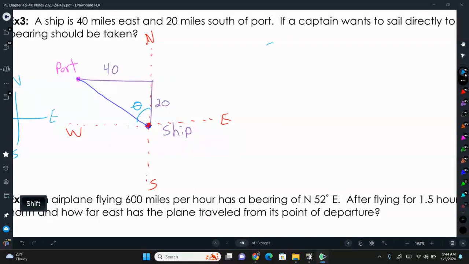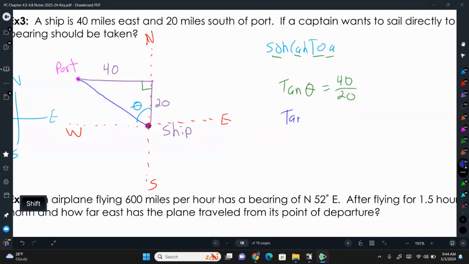So again, SOHCAHTOA, this is a right angle, so we know the opposite side of the angle, and we know the adjacent side, so it's going to be the tangent. So the tangent of theta is equal to 40 over 20. So to calculate the angle, we do the inverse tangent of 40 over 20.